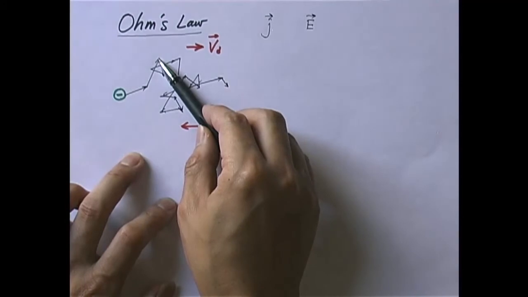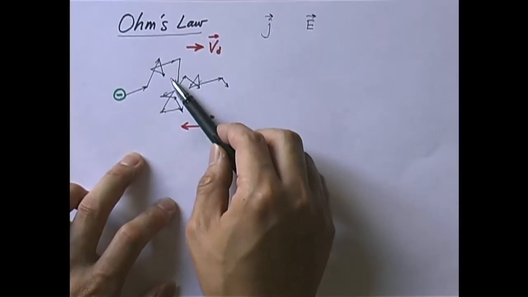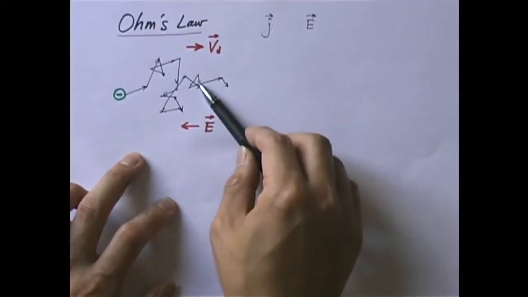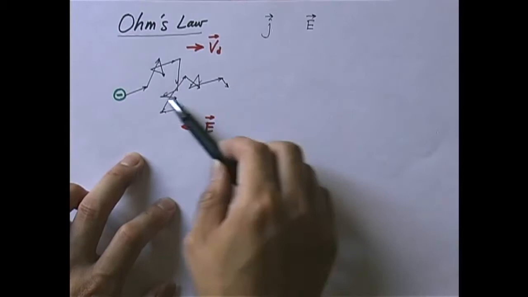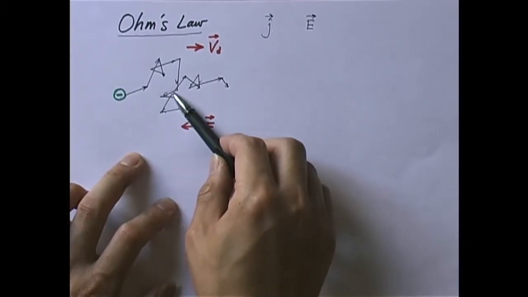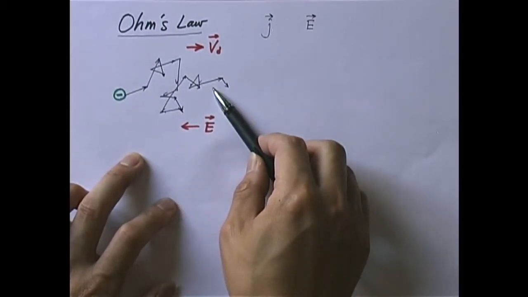But by the time it reaches here, once again, it has a new collision and forgot about what happened to it before, so it starts anew. So you have these segments. But overall, the electron will slowly drift backwards, opposite to the electric field.